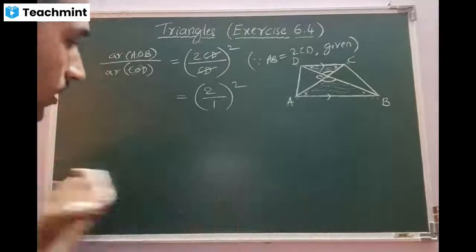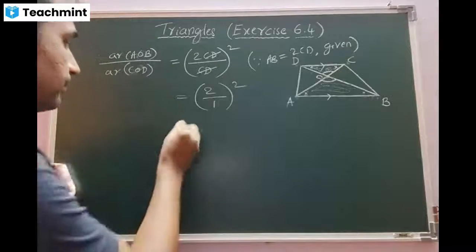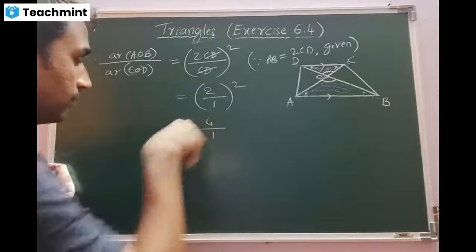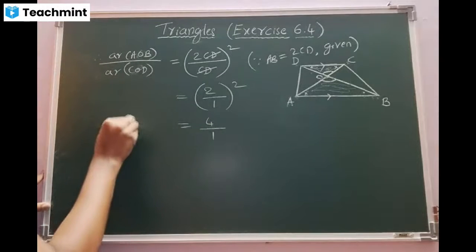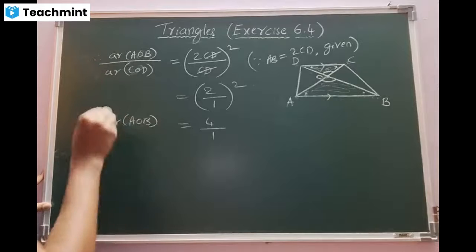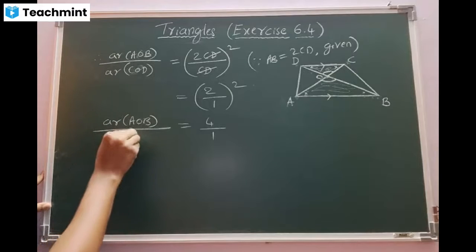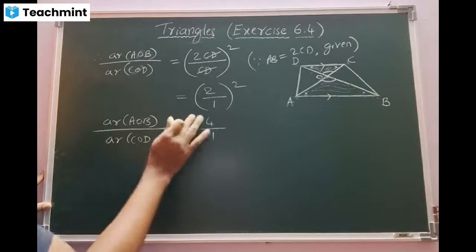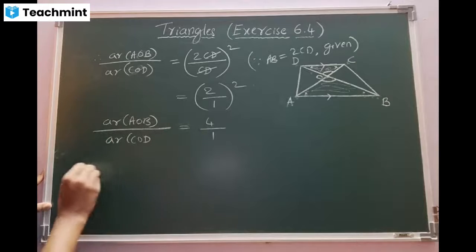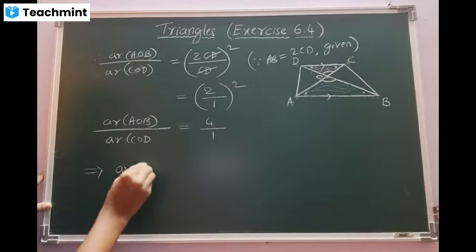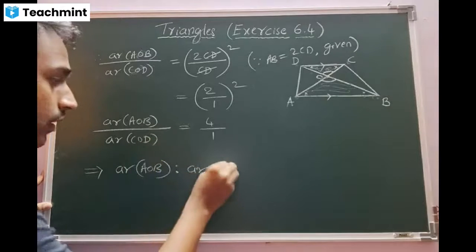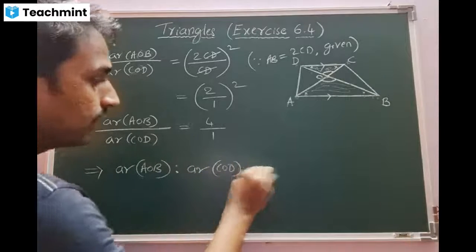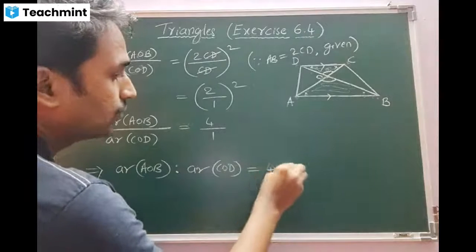If you open the bracket, what will be the answer? 4 by 1, sir. So let me write area of AOB by area of COD is equal to 4 by 1. This implies the ratio area of AOB is to area of COD is equal to 4 is to 1.